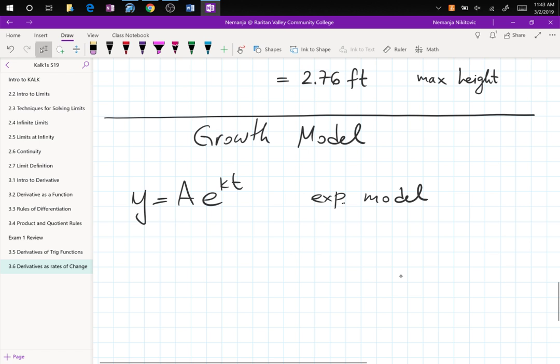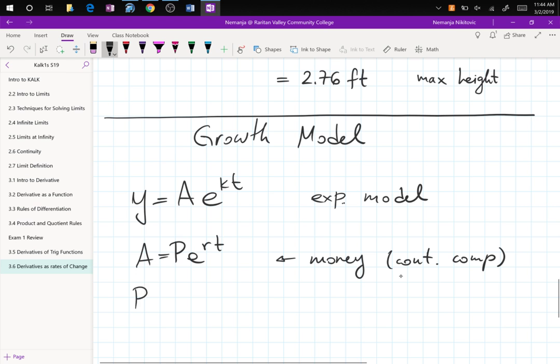If you want to talk about the money, you can say that the amount is equal to principal e to the rt. So this is money. It's called continuous compounding. If you want to talk about biology and population, your P equals P0 e to the kt, and now it's population.